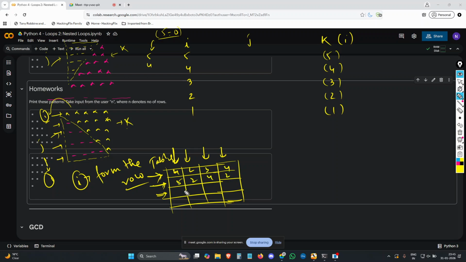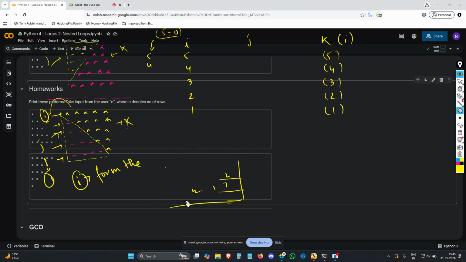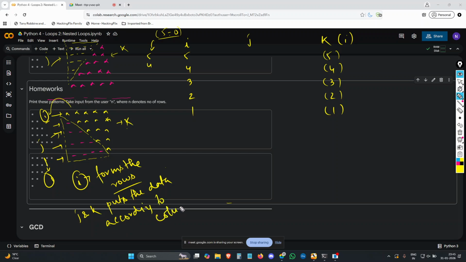Similarly, this is also forming. I forms the rows, and J and K put the data according to the column here.